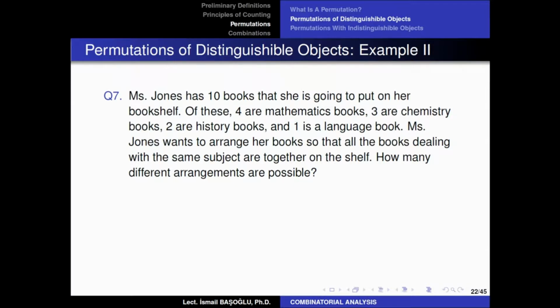Now, if there were no constraints, if Miss Jones was just randomly ordering these books on the shelf, then we would have 10 factorial different permutations of these books. However, we are going to arrange mathematics books with each other, chemistry books with each other, history books with each other first, then the book groups are going to be ordered among themselves as well.